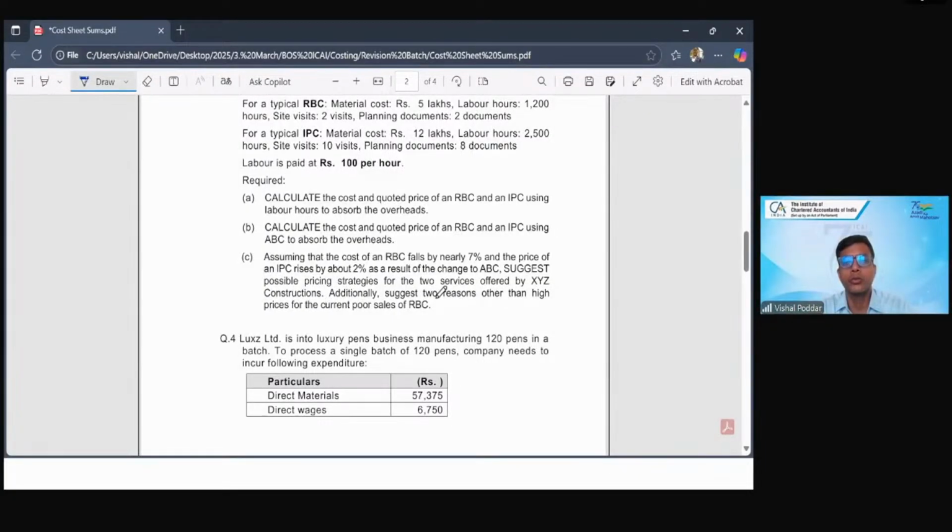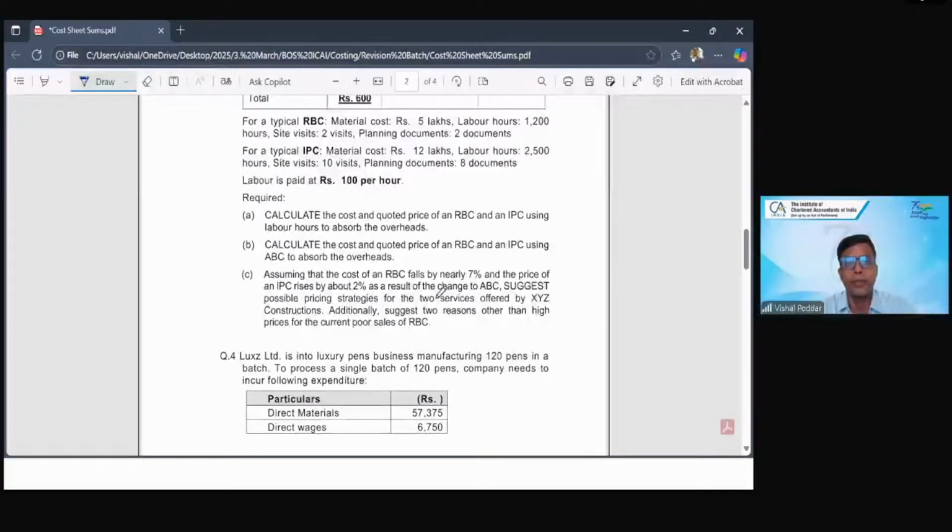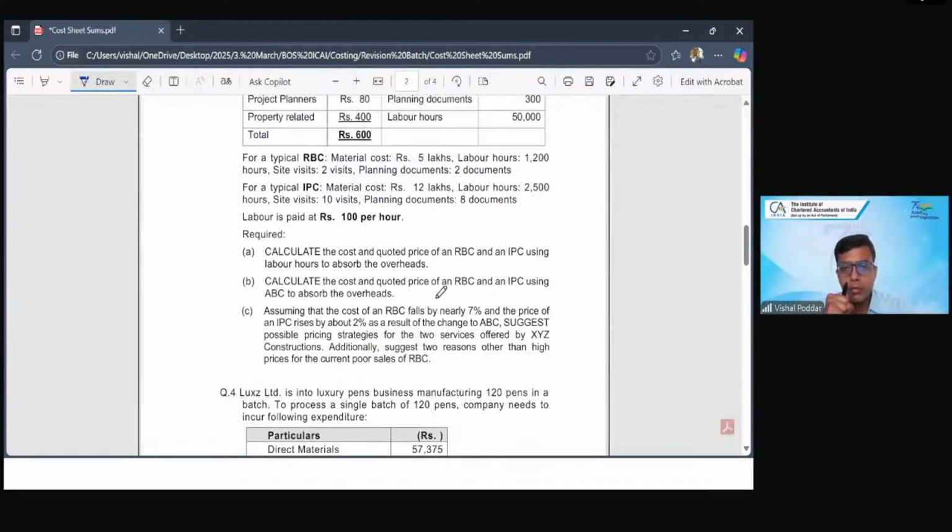Additionally, suggest two reasons other than high prices for the current poor sales. So what is this third part? Assuming that the cost of an RCB falls by 7% and the price of IPC rises by 2% as a result of the change to ABC.